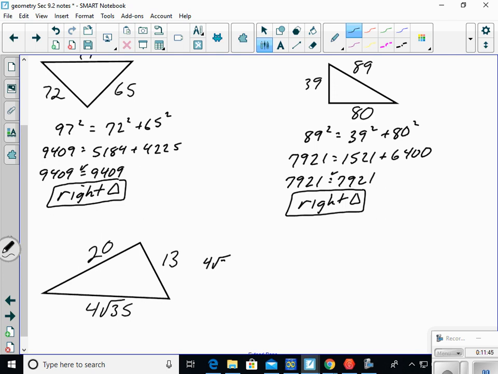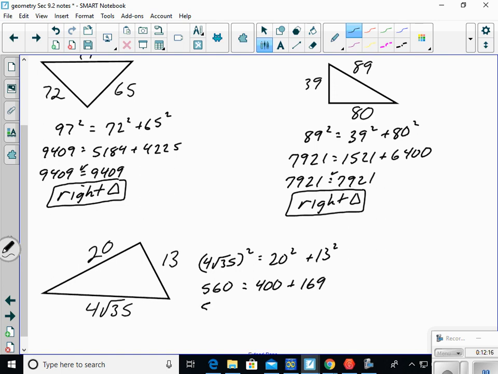So (4√35) squared equals 20 squared plus 13 squared. So 4√35, if I square that, it's going to come out to be 560. 20 squared is 400, and 13 squared is 169.